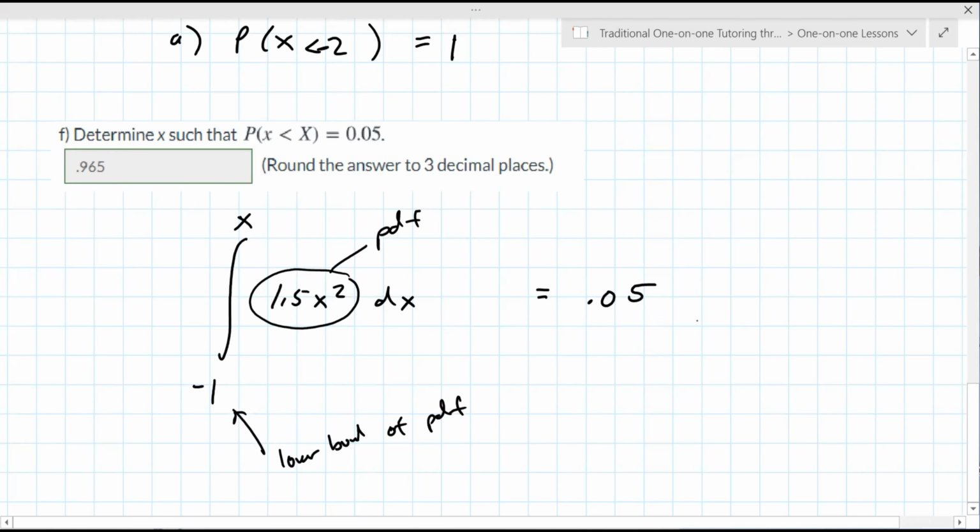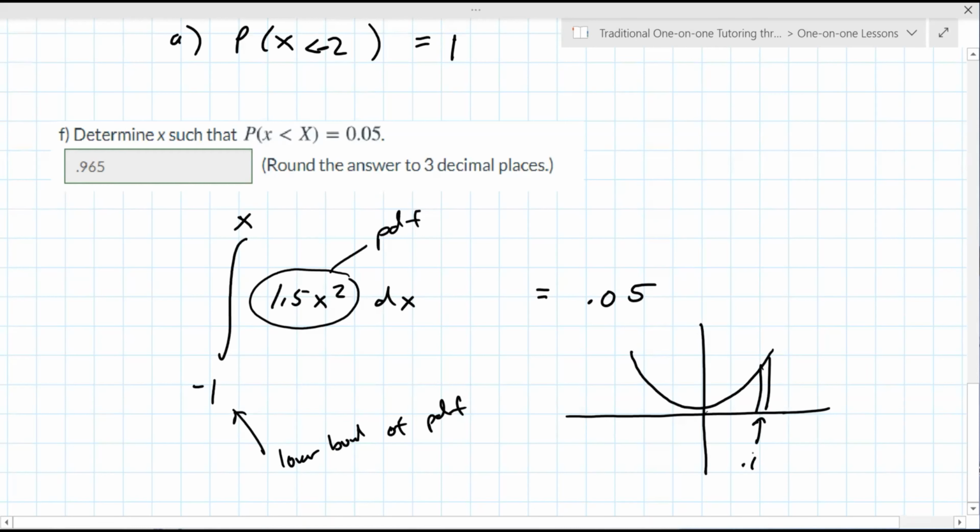Now, graphically, what we're asking for, because it's X less than x in this notation, is a little bit weird, but this curve, they're asking for, actually it didn't scale well. There's this curve. I'm not going to draw this to scale, but they're asking for this little area here.